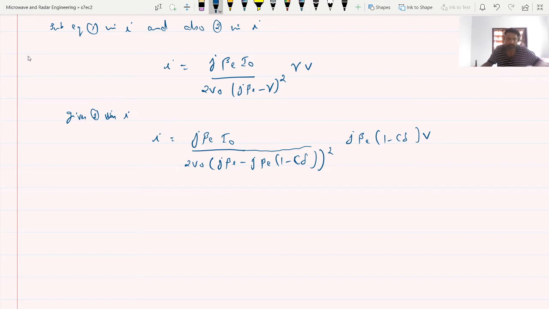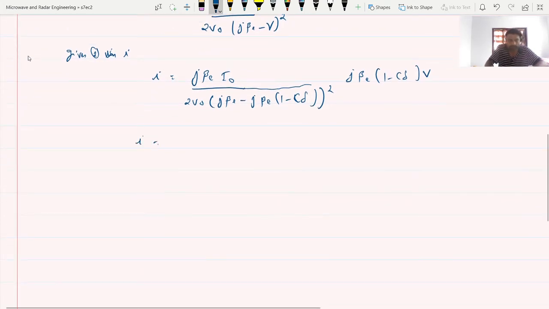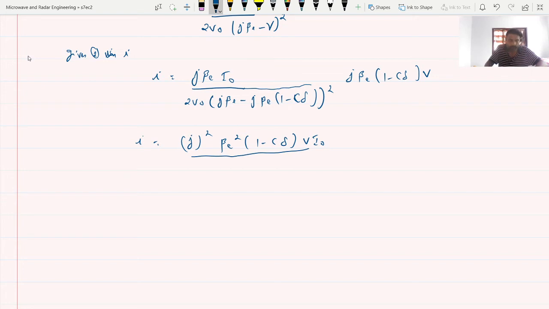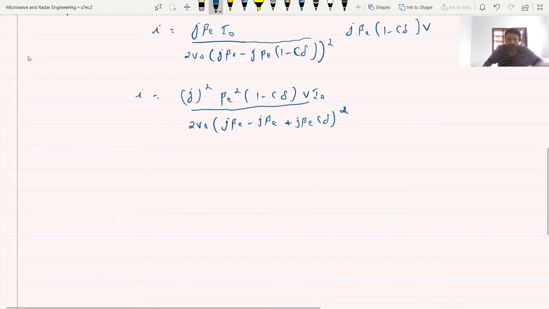Okay, so that changes to I is nothing but j into j is nothing but j square beta e square 1 minus C delta V into I naught divided by 2 V naught into j beta e minus j beta e minus minus and minus into plus j beta e C delta, square. Okay, so what happens? J square is nothing but minus 1.